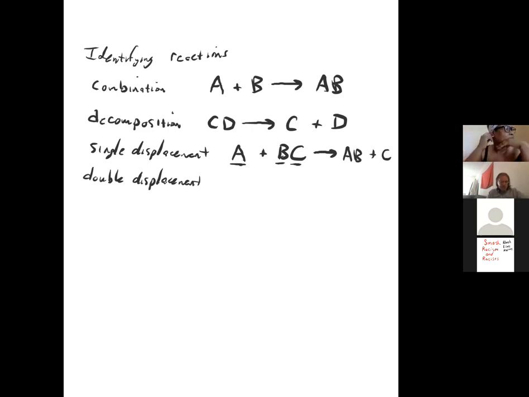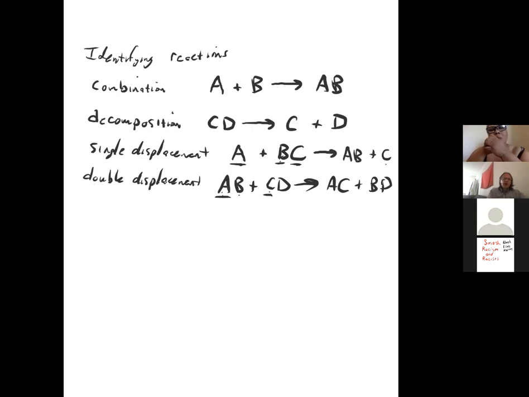So the A took the B and now the C is all alone. That's called single displacement. Double displacement is when you have two compounds and they switch partners. So A will go with C and B will go with D. So now essentially A is displacing D and B is displacing C. So they switch partners. So this is double displacement, okay?